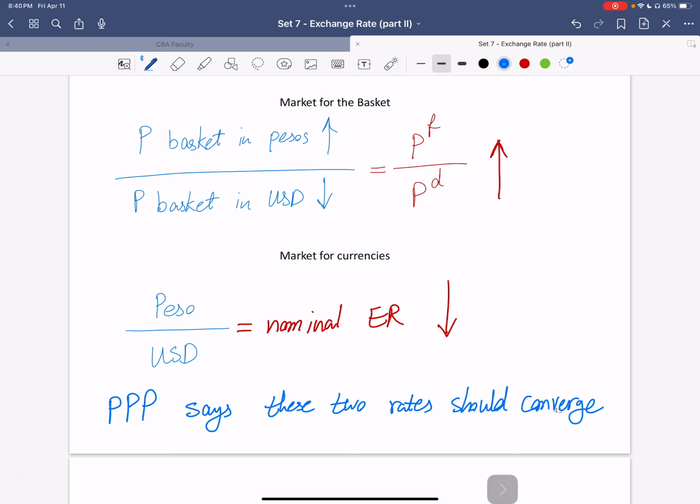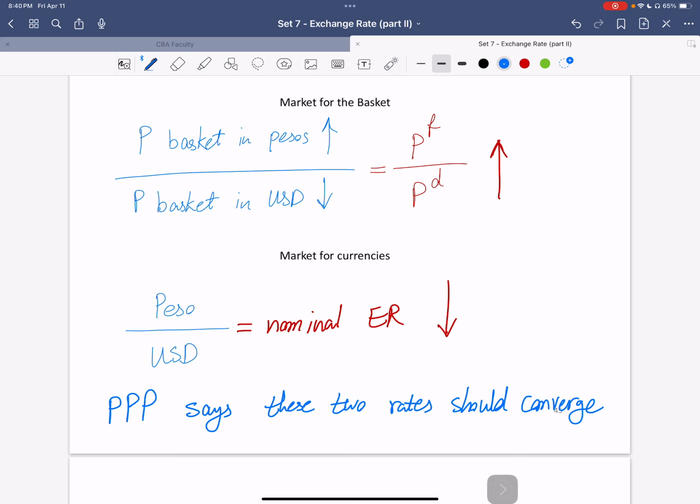In the real world, this does not hold because the basket has services like barber, or it is sometimes difficult or even sometimes impossible to arbitrage across two countries. Think of the example of hamburger. Can we just buy burger in Japan and take it to the US or in reverse? It is very difficult, or sometimes even impossible in some cases.